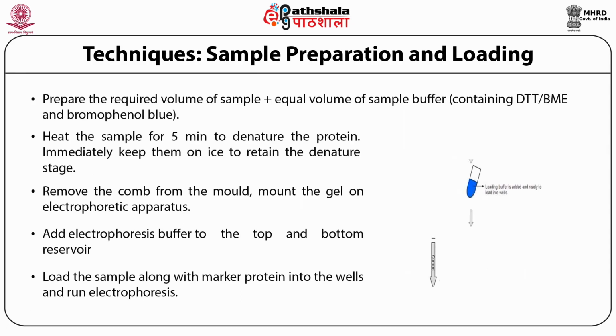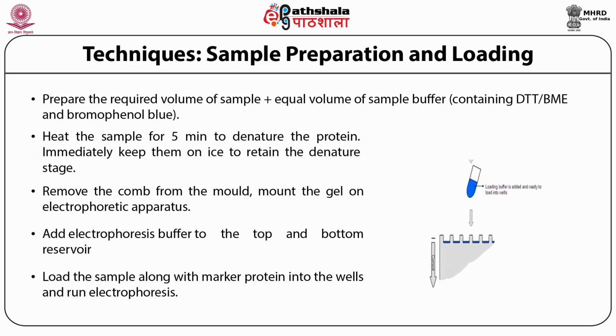In SDS PAGE electrophoresis, a particular type of denaturing buffer is mixed with the protein. This buffer is called the sample buffer. We obtain good denaturation by preparing a sample to a final concentration of 2 mg per ml of protein.